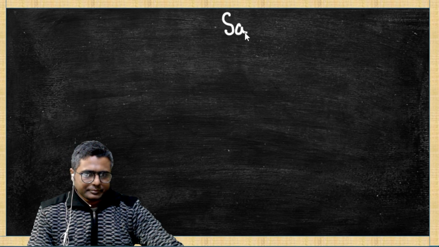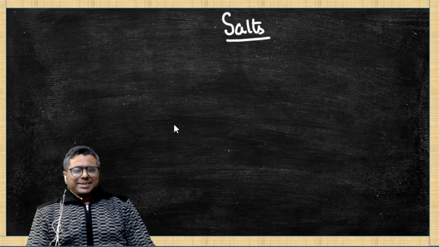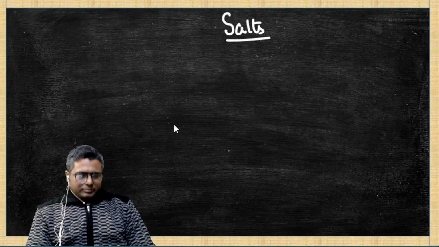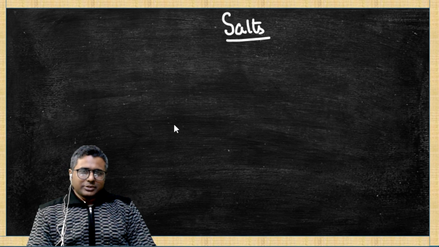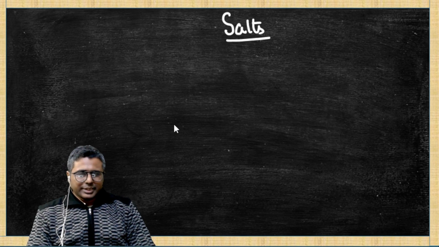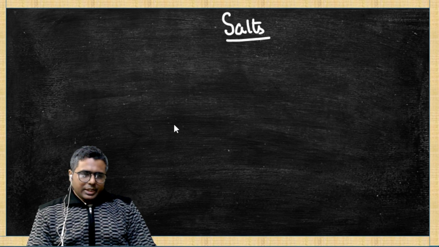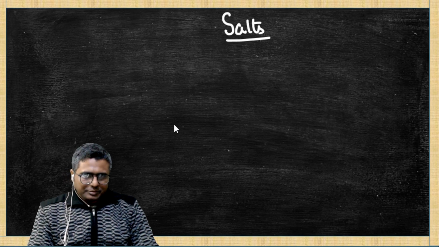Now we'll be discussing a little about salt. There are basically three kinds of salt. One I would name as normal salt, or rather neutral salt, and there are certain salts which we can call acidic salt or basic salt.